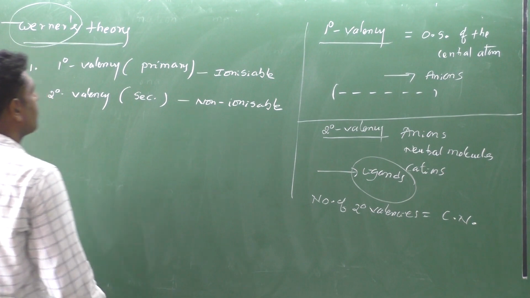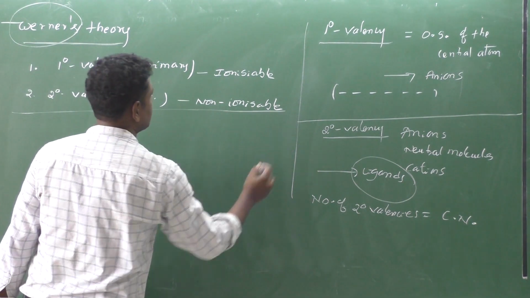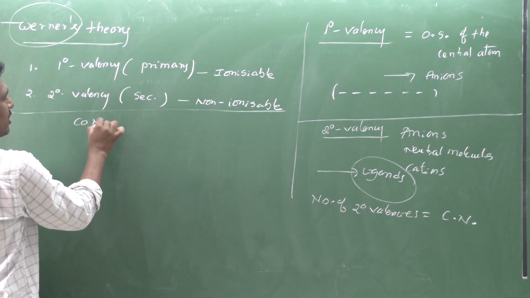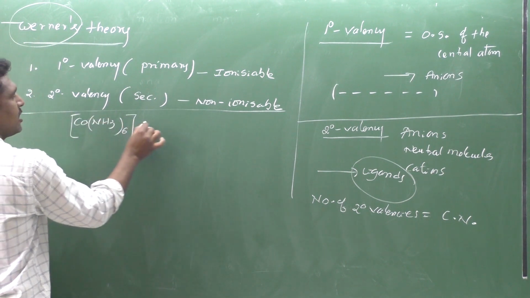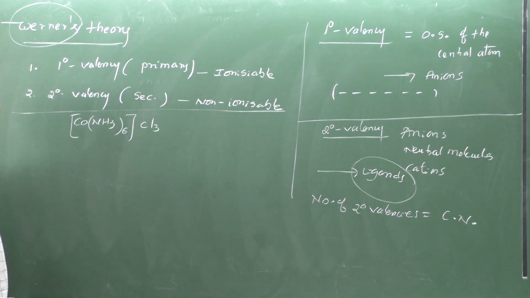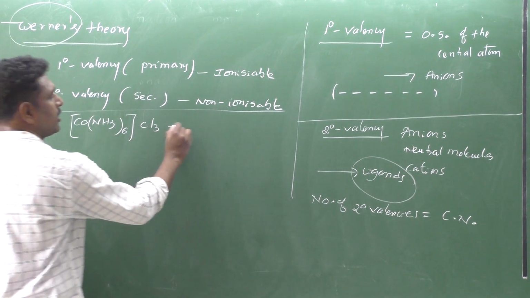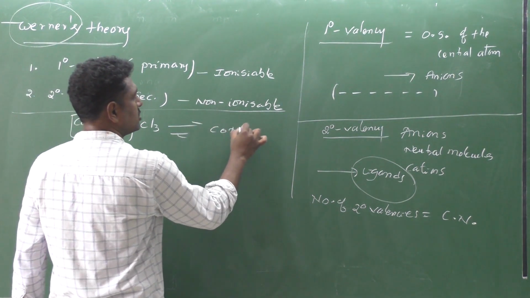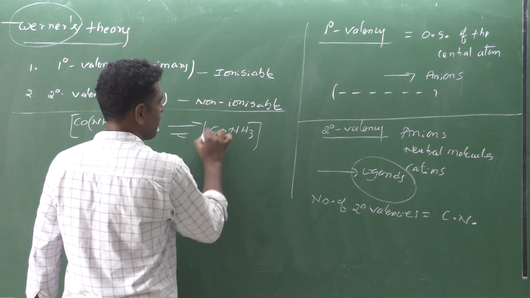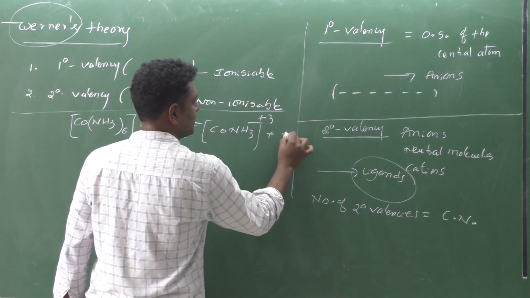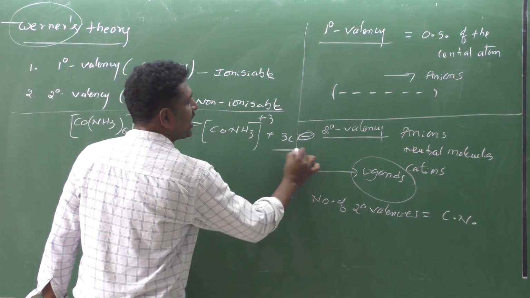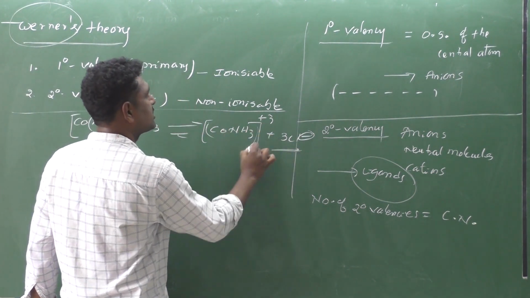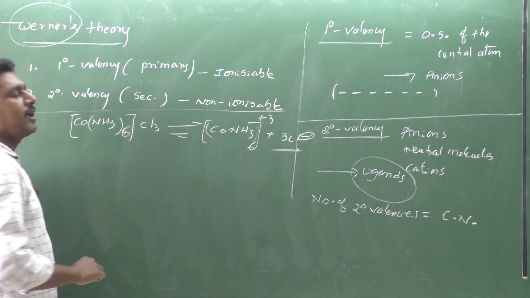I will give an example for this: Co(NH3)6 Cl3. When it is dissolved in water, it gives [Co(NH3)6]3+ and 3Cl-. So this is the primary valency, and here 6 is the secondary valency.